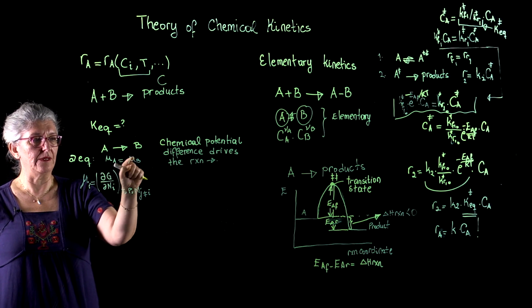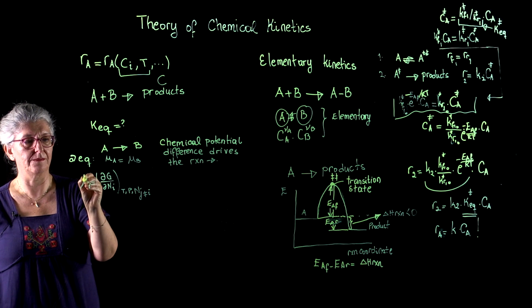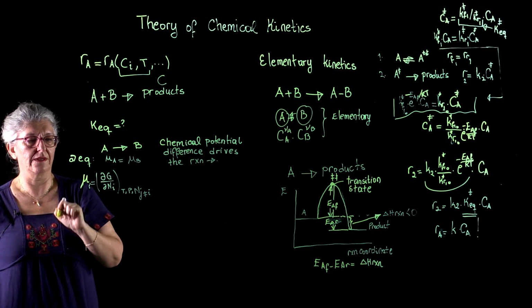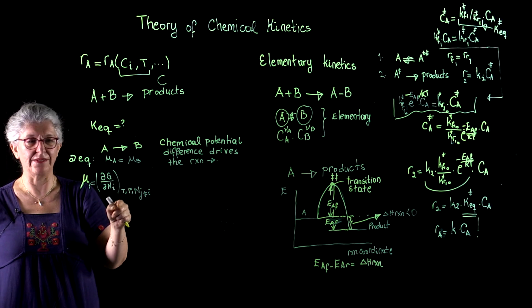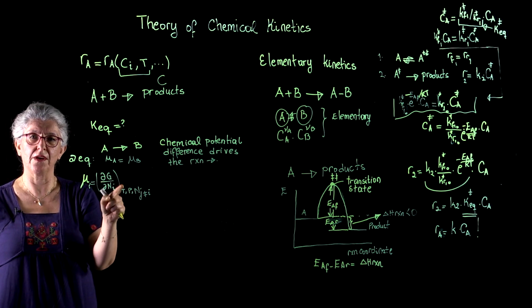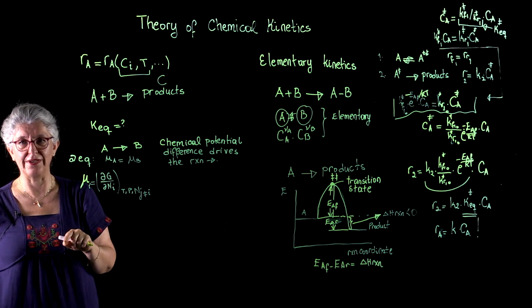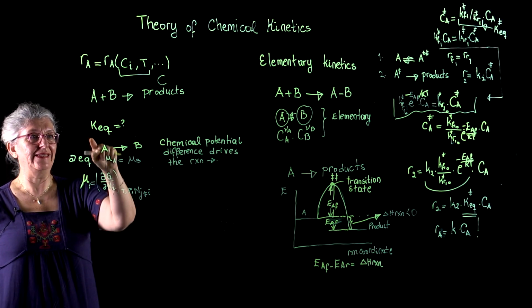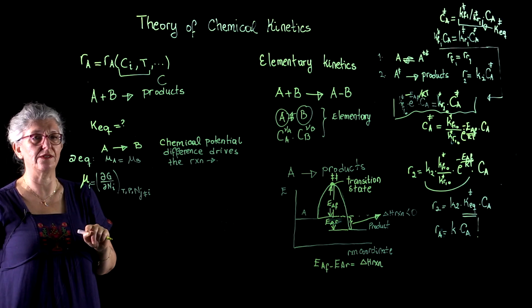Since the chemical potentials are the partial molar Gibbs free energies, the partial derivative of the total Gibbs free energy with respect to component I, the equilibrium constant must be related also to the Gibbs free energy.